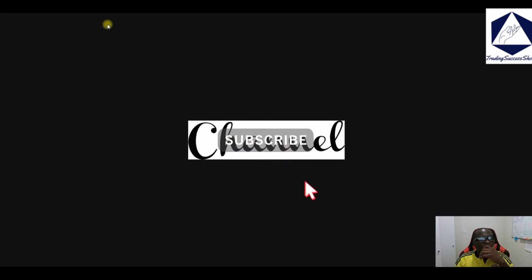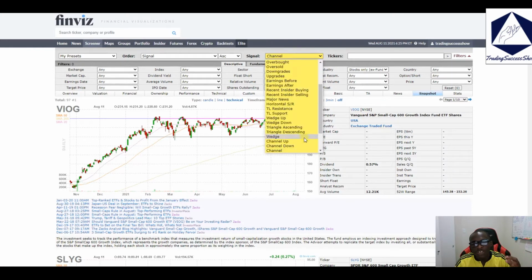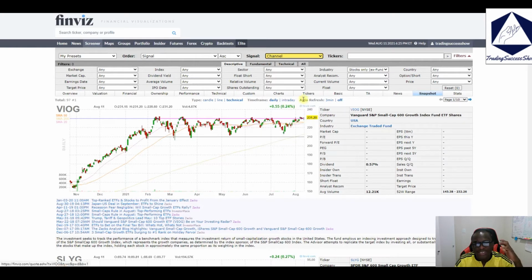What I'll be doing here is using Finviz to talk about channel. In Finviz you can scan for different patterns, right? So what we're going to be scanning for today is channel, meaning the stock is trading within a particular range. Right now this is an ETF, so I don't want any ETF on my list.